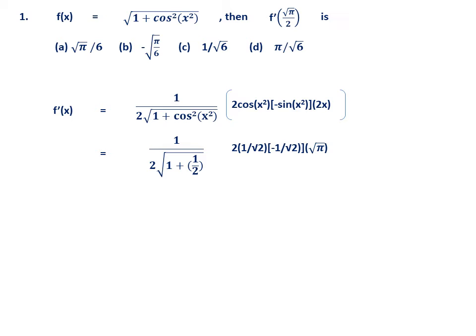Inside the square root, in the denominator, x square becomes pi by 4, and cos square pi by 4 is 1 by 2. Therefore it is 1 by 2 into square root of 1 plus 1 by 2, into whatever is inside the bracket: 2 into cos x square minus sin x square 2x. Substitute the value. cos x square becomes 1 by root 2, sin x square becomes minus 1 by root 2, and 2x becomes root 5.